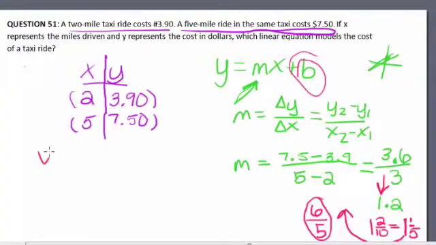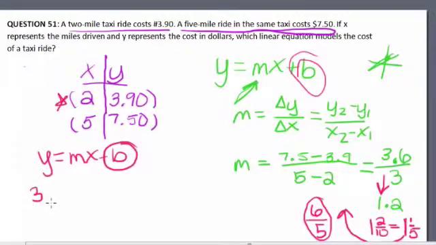So we eventually want something that looks like this, y equals mx plus b, and we're looking for the b value. So let's choose one of these points. This one looks a little easier to work with. So I'll say y. Well, my y there is 3.9, and that equals 1.2 times 2 plus b.